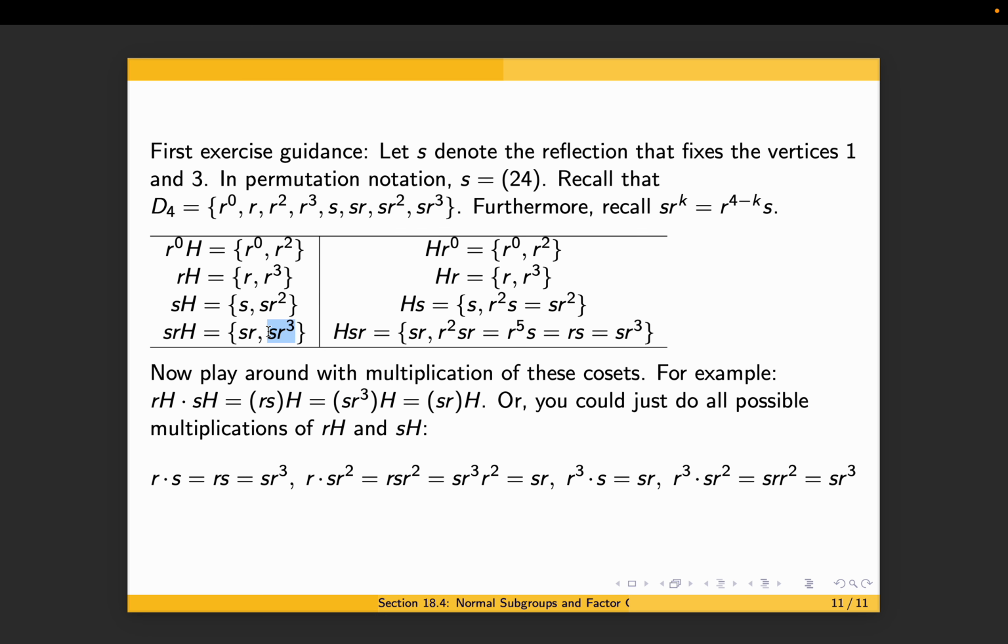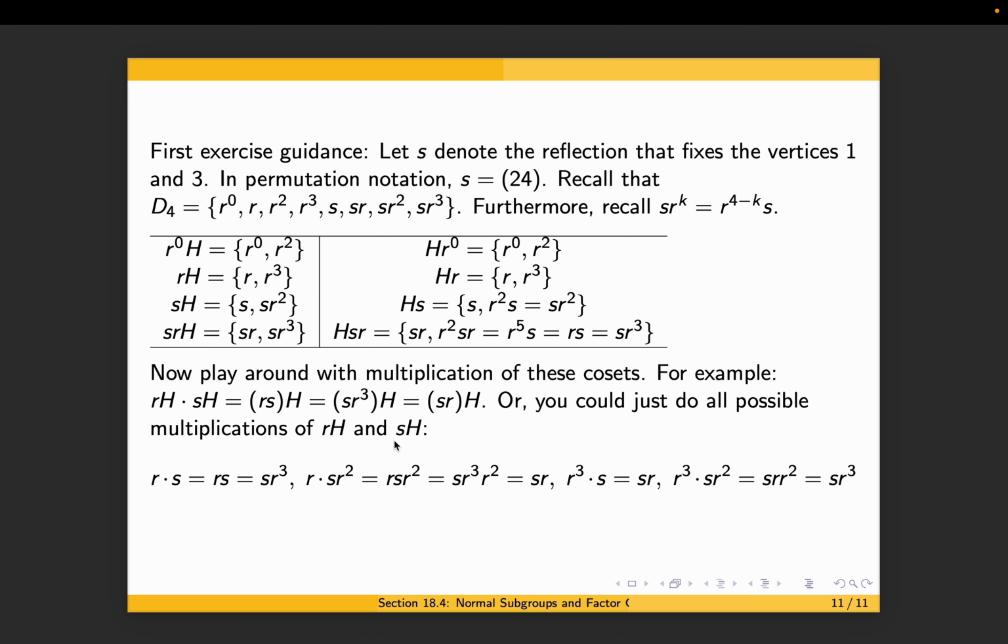SR cubed is in this coset here. So SR cubed and SR are the same thing now. So I get the coset SRH. So all that to say, this coset times this one, little RH times little SH, if you multiply those 2 things, definitionally, you just get SRH. So if you're building a Cayley table, your RH row and your SH column would meet at SRH.